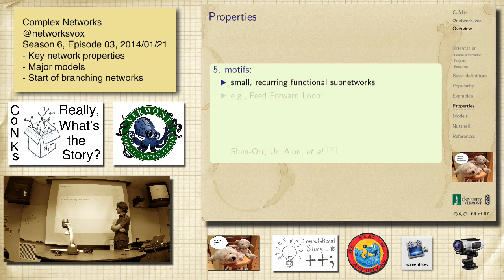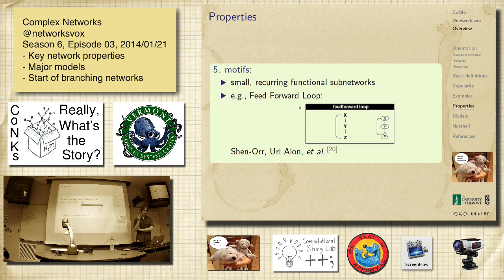Okay, so motifs, something we might come to again. Basically, this was a nice advance at some point. We've had the whole degree distribution, we had clustering, and assortativity was being talked about, which we've mentioned as well.